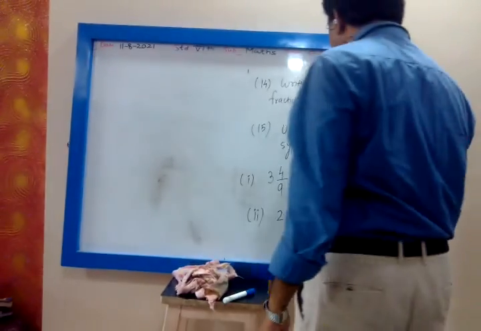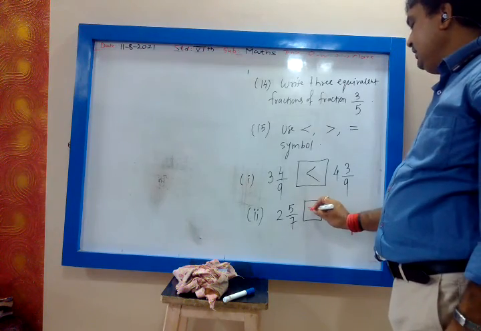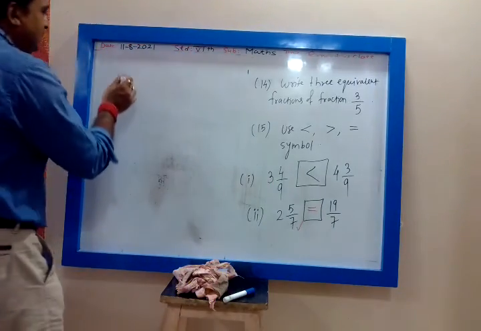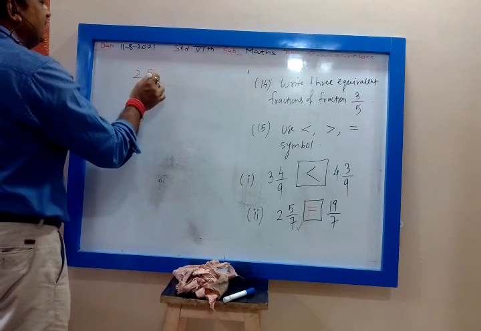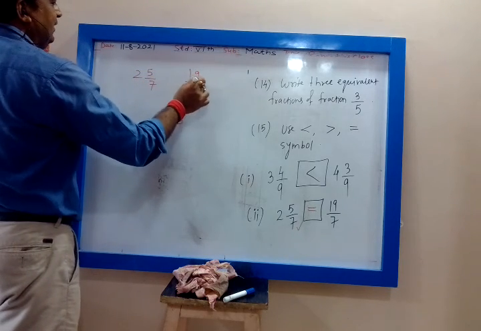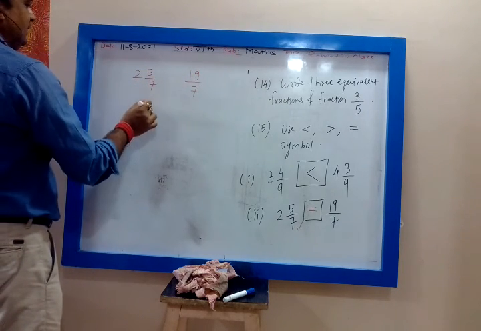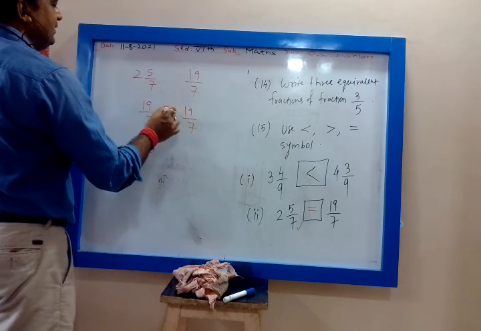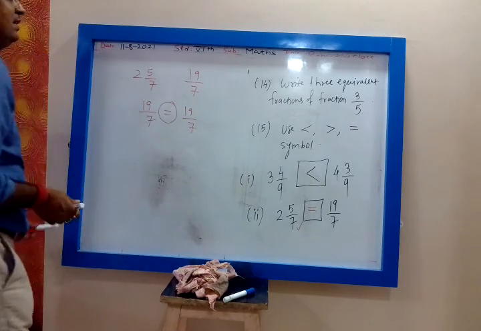I am very much happy that you did the correct calculation. Equality is there, because 2 and 5 by 7 makes the fraction 19 by 7. So 19 by 7 and 19 by 7 are equal.